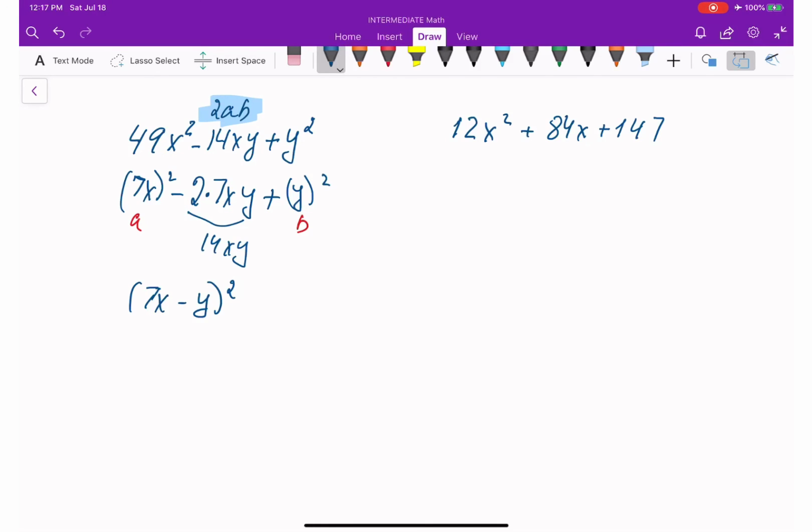It's a very easy way. Okay, in this case, the common factor here is going to be 3. So if I take 3 out, I'm going to have 4x squared plus 84 divided by 3, it's going to be 28x, 147 divided by 3, it's going to be 49, right?